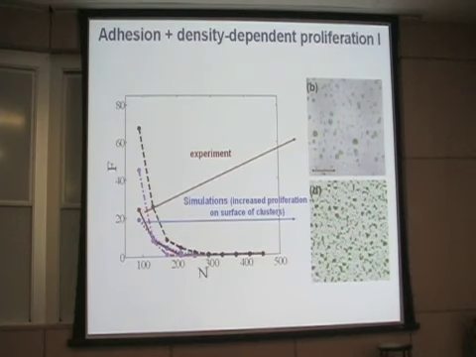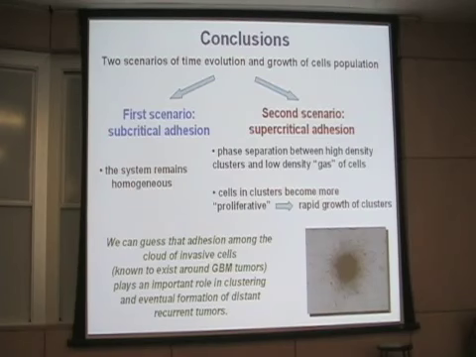So in conclusion, I would like to say that there are two scenarios for time evolution and growth of a cell population. If the adhesion is relatively small, the system remains homogeneous. However, if the adhesion is above some critical value, there is phase separation between high density clusters and low density, individual cells.